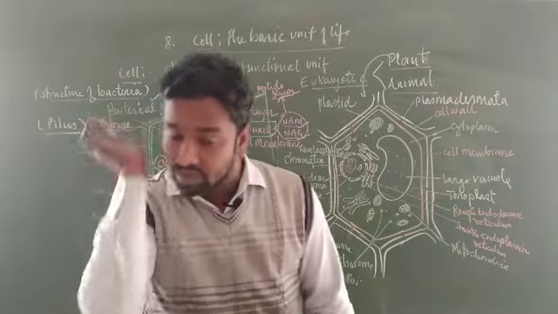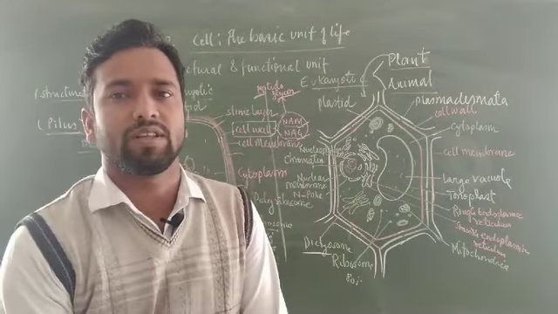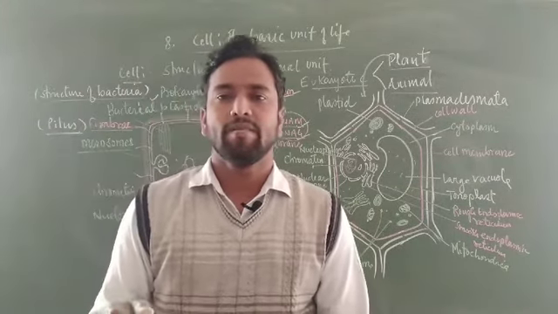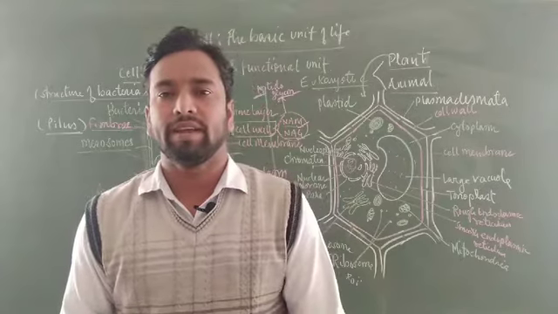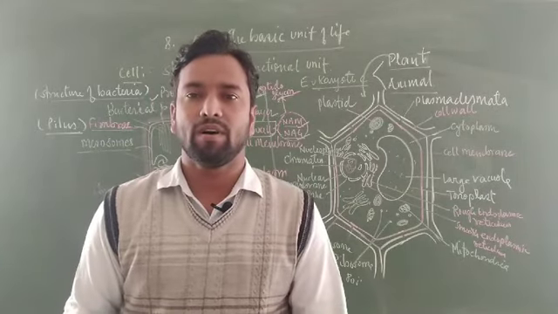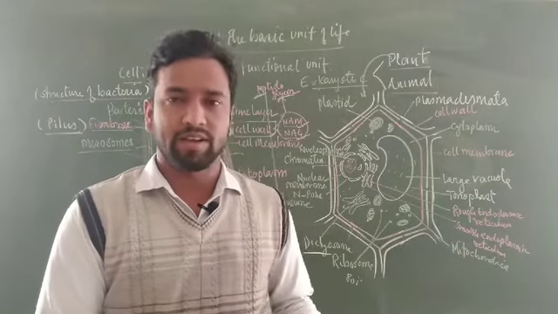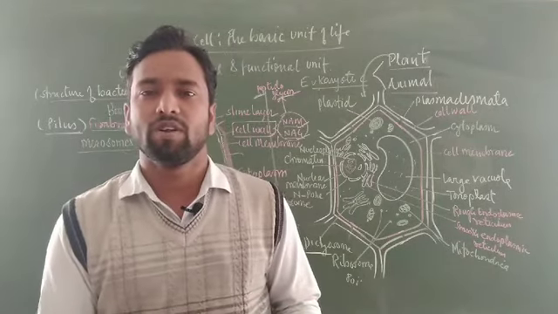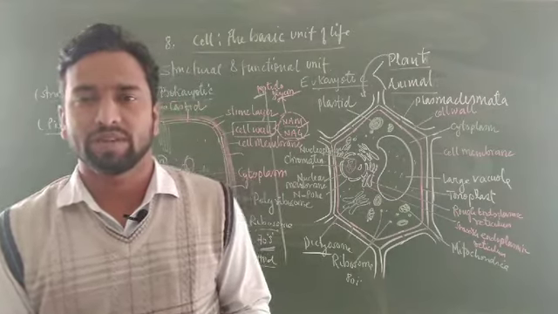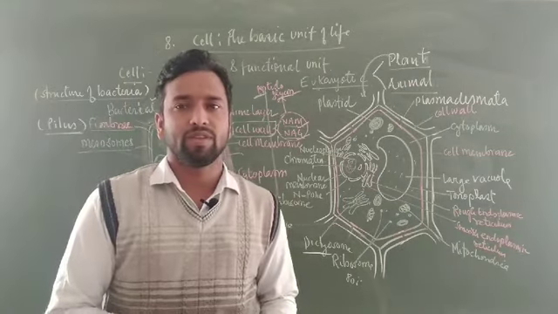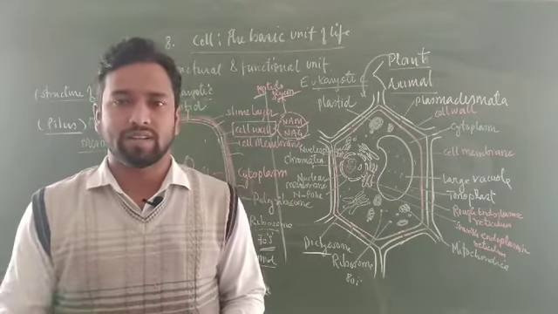In the discussion of photosynthesis and respiration, I will explain at that time how cell organelles like spherosomes are involved in respiration or photosynthesis. What is a peroxisome? This is also a discussion for that time.